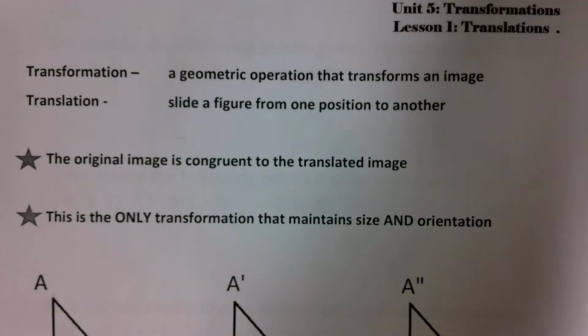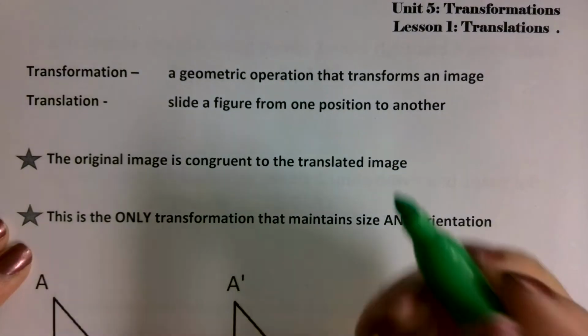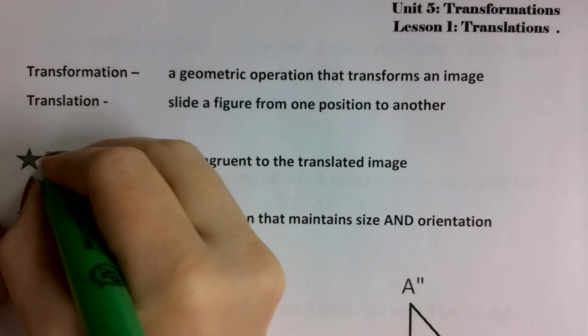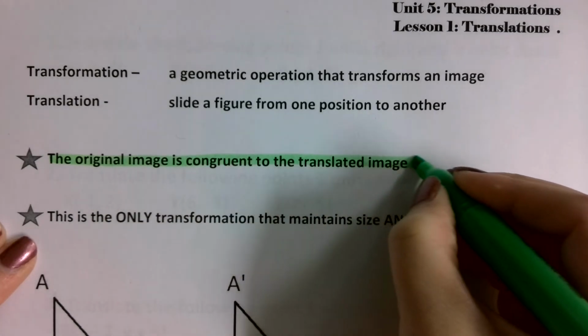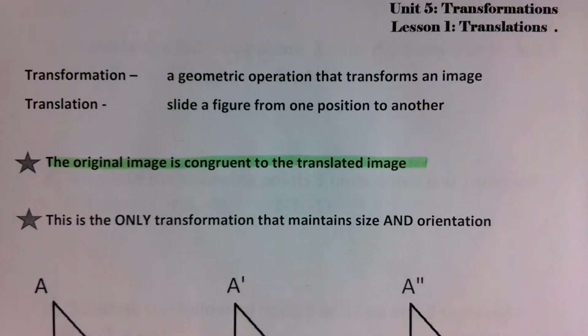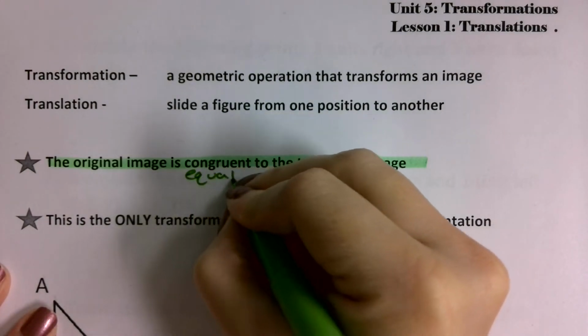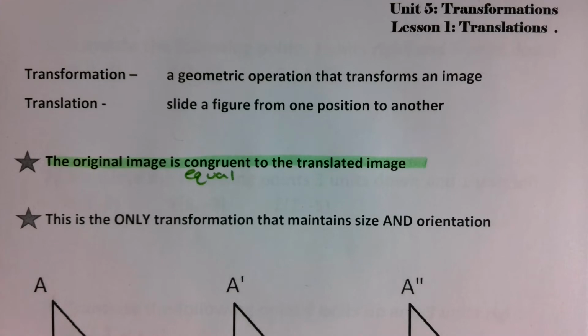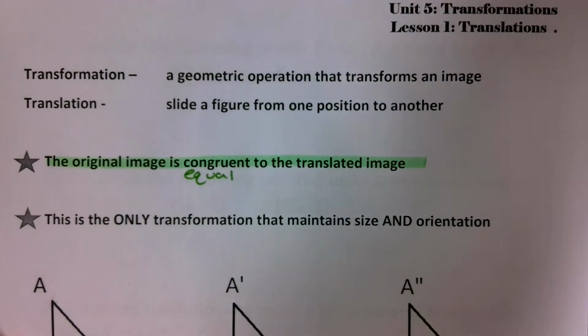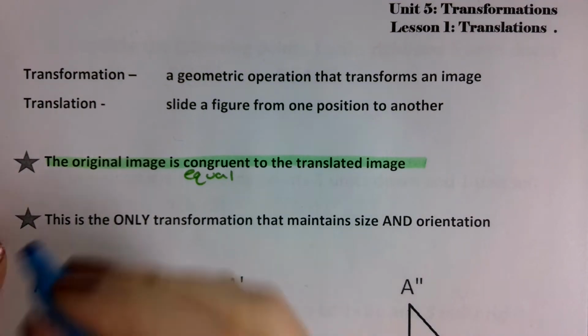Now, what's really important to make sure you understand is that the original image is still going to be congruent to your translated image. And again, congruent means it's going to be equal. So that's very, very important to understand. Another thing that's really important to understand is that this is the only transformation that maintains both size and orientation.